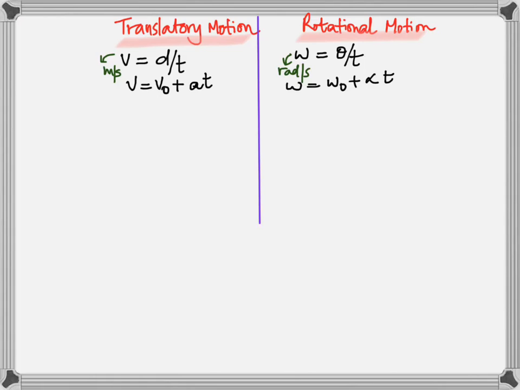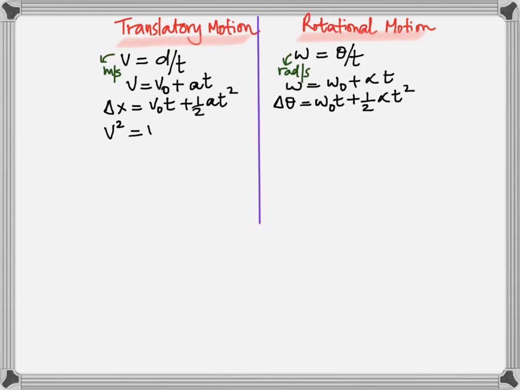You have a corresponding equation: omega is omega naught plus alpha t. You remember this equation? We called it the king of equations. Delta x is equal to V naught t plus 1/2 a t squared. You have a corresponding equation: delta theta is omega naught t plus 1/2 alpha t squared, because where you have delta x, you have delta theta as it's an angle.